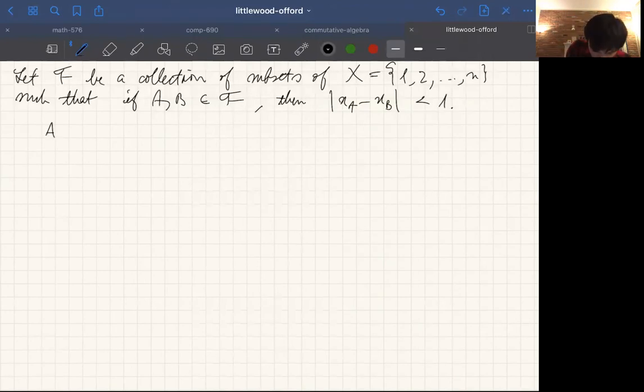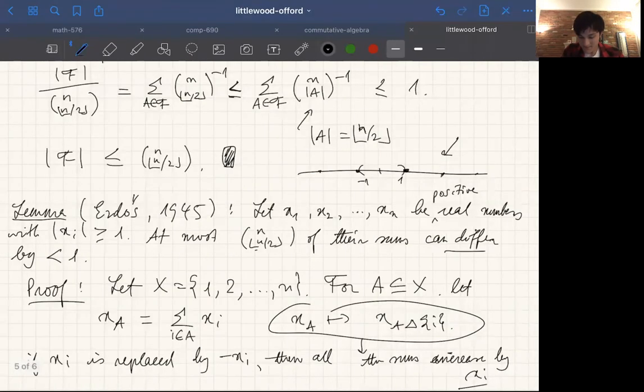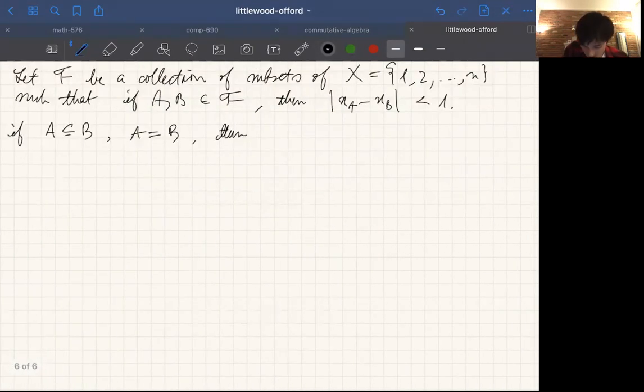Well, if A is a subset of B, and A is not equal to B, then remember we said all the x's are now positive. So xa minus xb is equal in absolute value to xb minus xa because they're all positive now, and this is a sum. This sum is bigger than that one because B is a bigger set. Let me write it out.